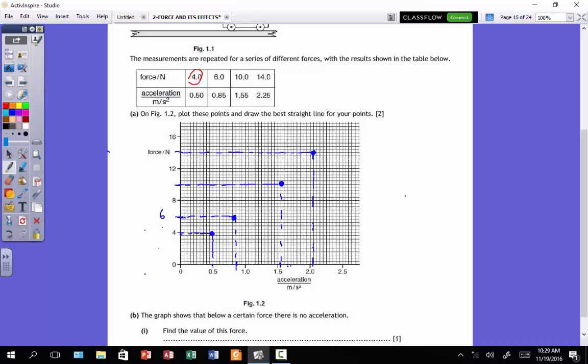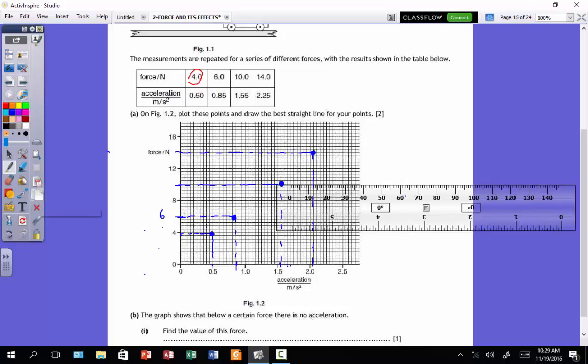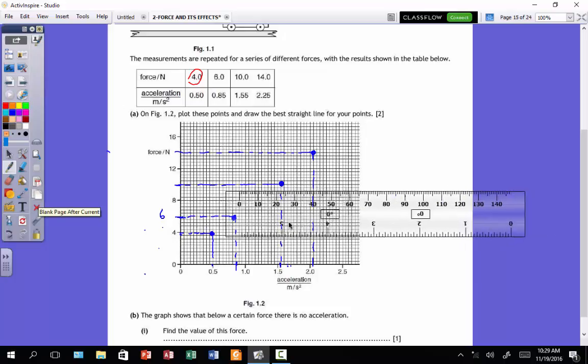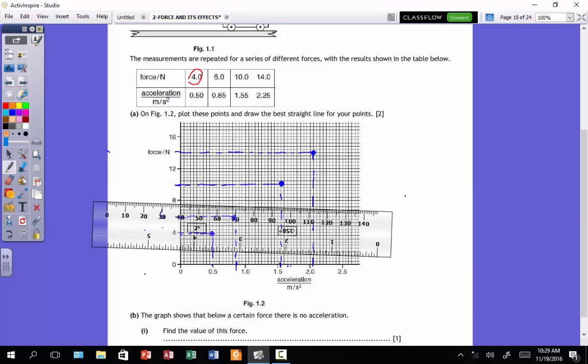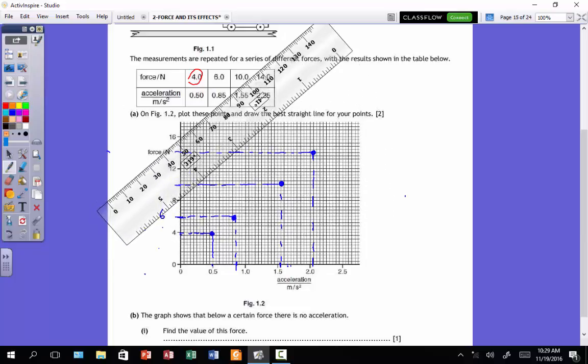Okay, all the points need not coincide. The best fit should be through the best points.